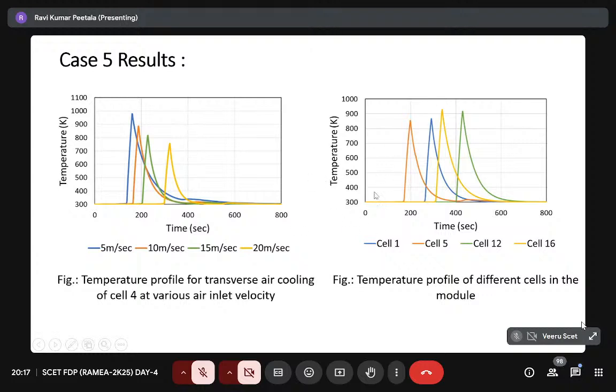So for the neighbor cell batteries, I plotted here neighbor cell 5 and cell 1. The thermal runaways happen much earlier there than in the other neighboring cells.